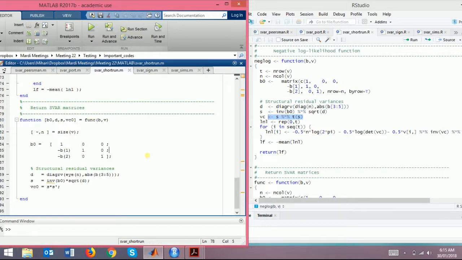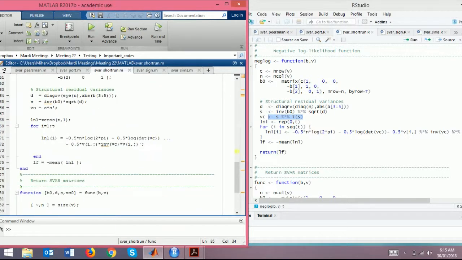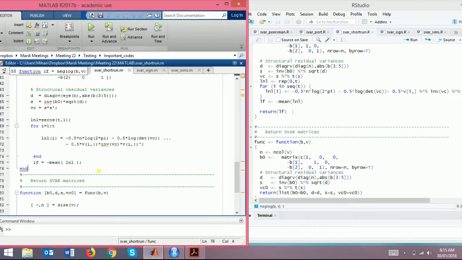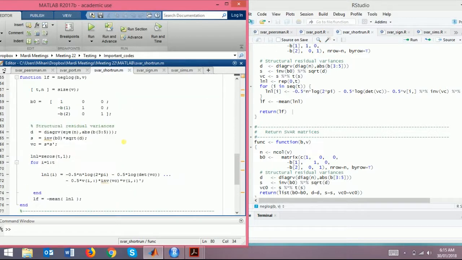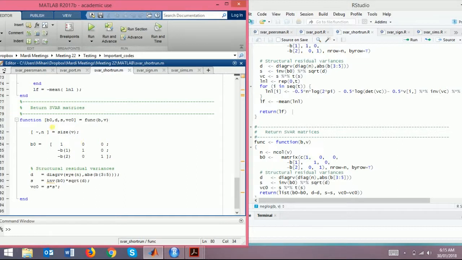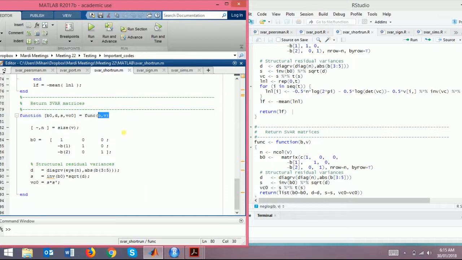Then we want the SVAR matrices, so beta naught, ds, vc naught will be returned, and we will input b and v. All rows in column is the size of v, just the column we need. Beta naught is there, structural residual variances.